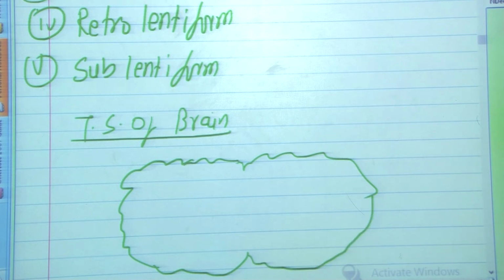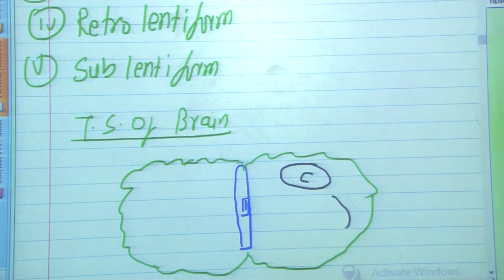In the midline this is the third ventricle. Now see, this is the caudate nucleus. This is the lentiform nucleus, and this is the thalamus. This is globus pallidus, this is putamen.